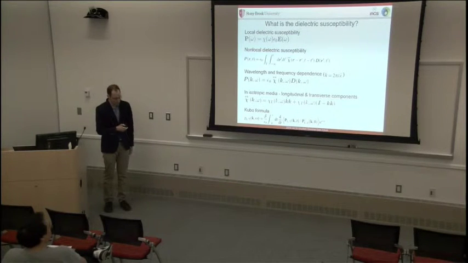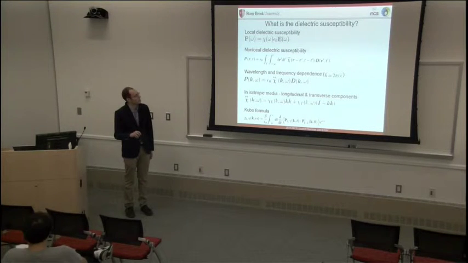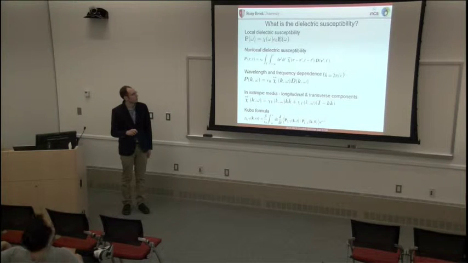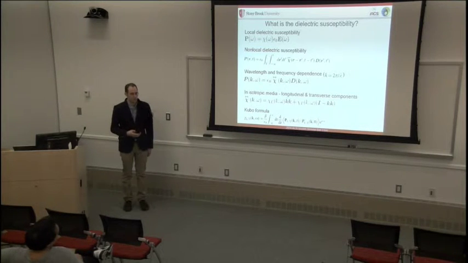Dielectric susceptibility can be written as a function of frequency here, and it relates the polarization of the material to the applied electric field. And normally we think of susceptibility as being local, which means like if you apply an electric field in a small region, the polarization response is also in that region.